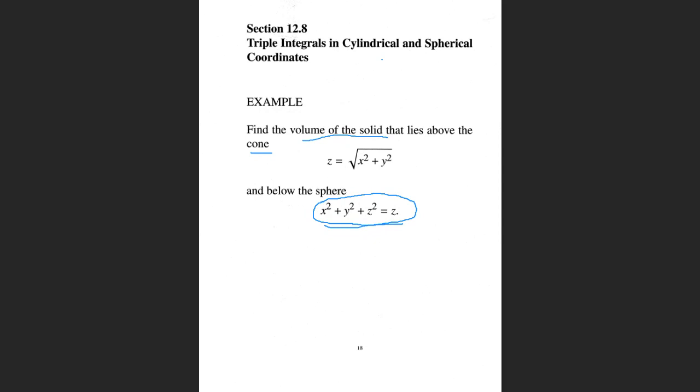Well, let's think a little bit about this. As an example, if you had x squared plus y squared plus z squared equals 9, where would that sphere be centered?